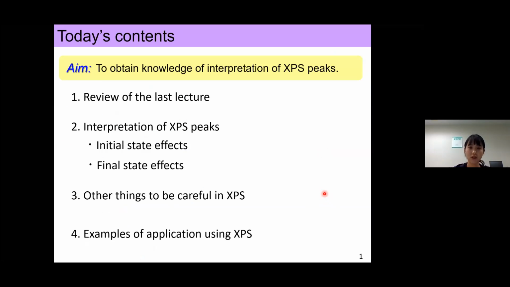The aim of the second lecture is to obtain knowledge of interpretation of XPS peaks. Today's contents are a review of the last lecture, interpretation of XPS peaks, including initial state effects and final state effects, and other things to be careful in XPS.